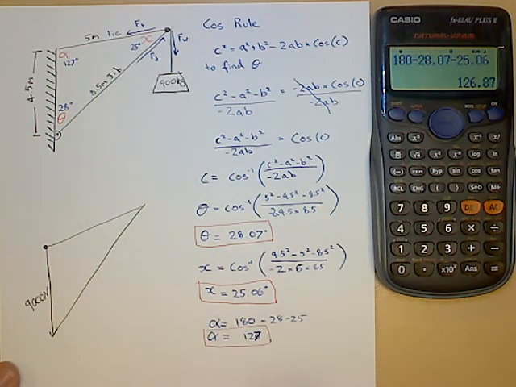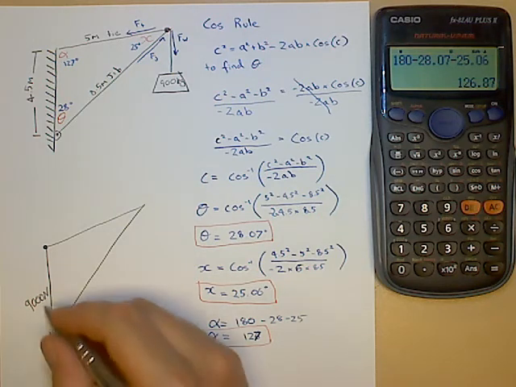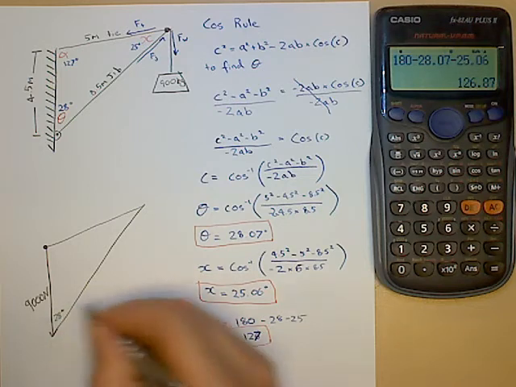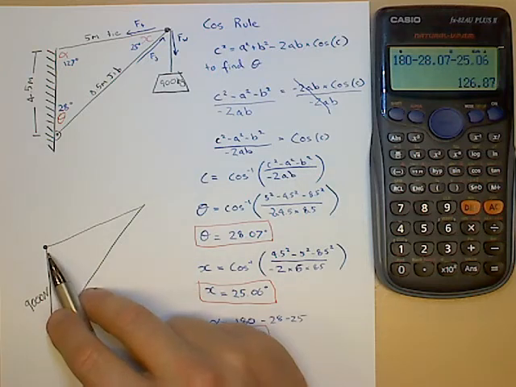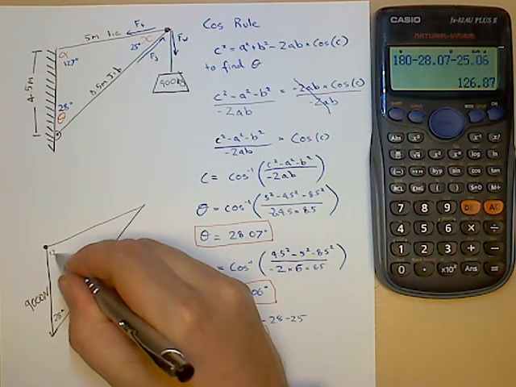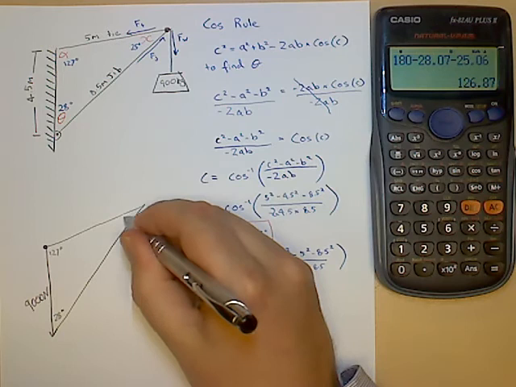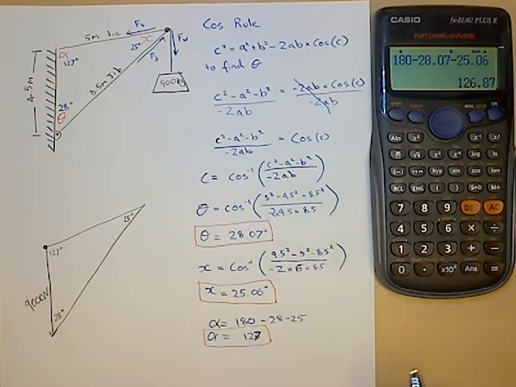Okay, so we can put our angles into this. So we've got 28 degrees, that's the same. And 127 degrees is the same. And 25 degrees. So our angles stay the same, it's just our magnitude.